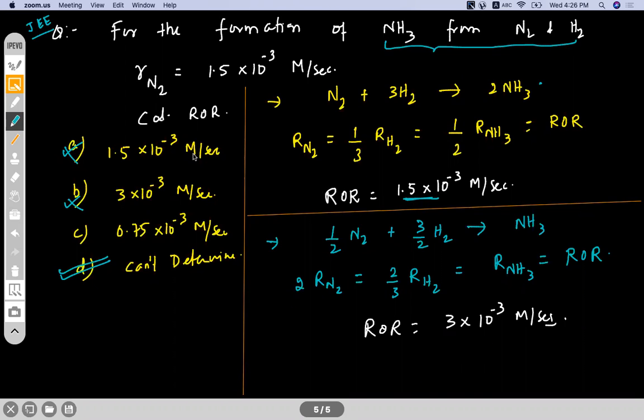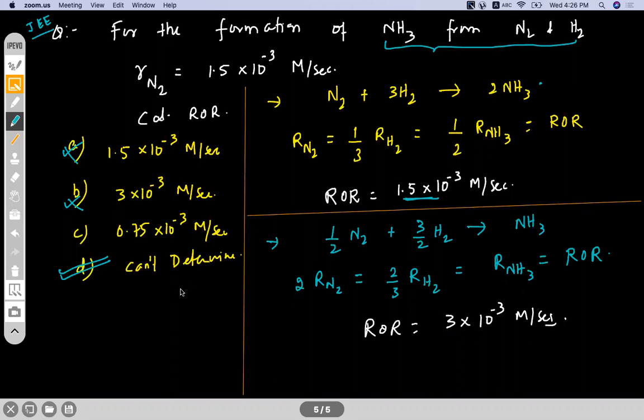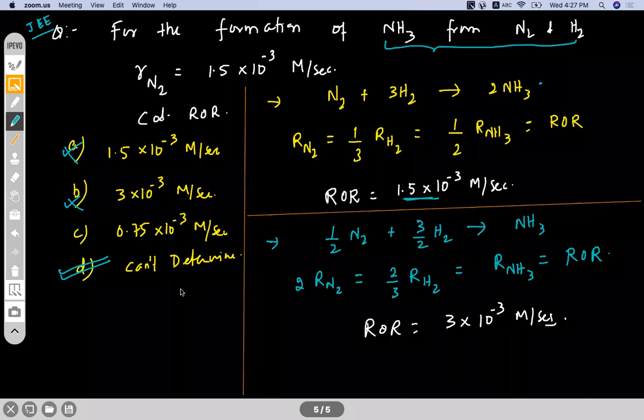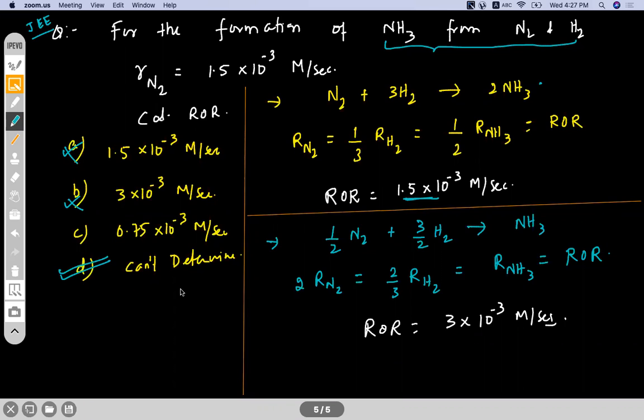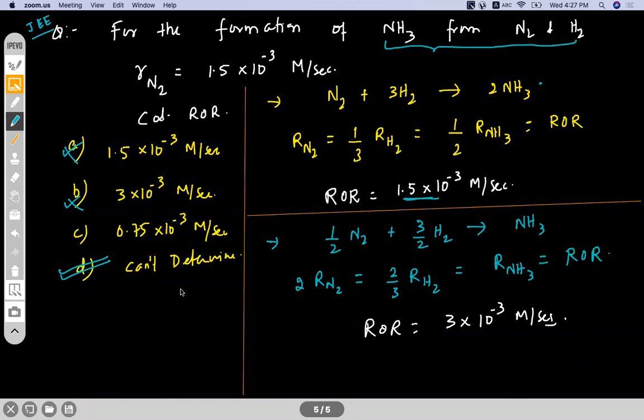So one note you write down here: if the balanced chemical reaction is not given, then we cannot find out the rate of the reaction, since the rate of reaction depends upon the stoichiometric coefficient.